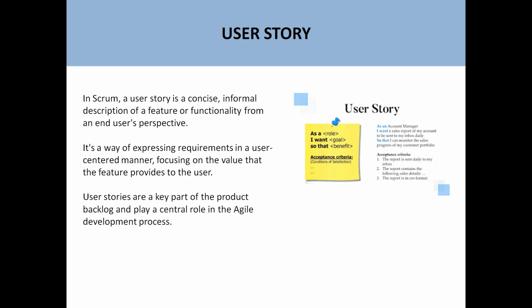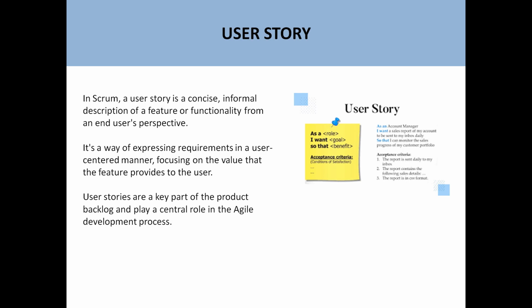Basically, user stories are a key part of the product backlog and play a central role in the agile development process. We know that Scrum is based on the agile methodology, the agile philosophy. Agile says that a project should be divided into smaller chunks, which are called iterations, and with each iteration we get closer to the closure of the product.